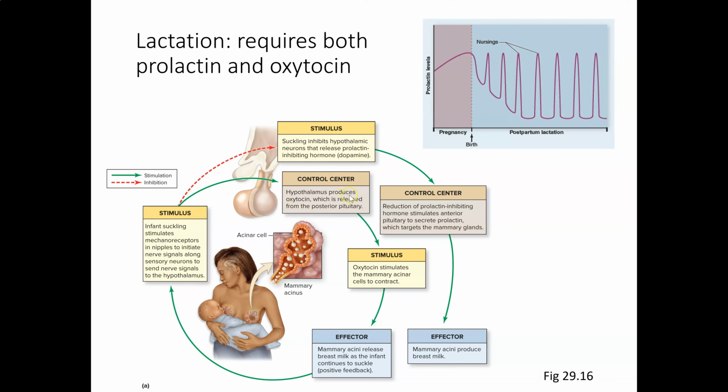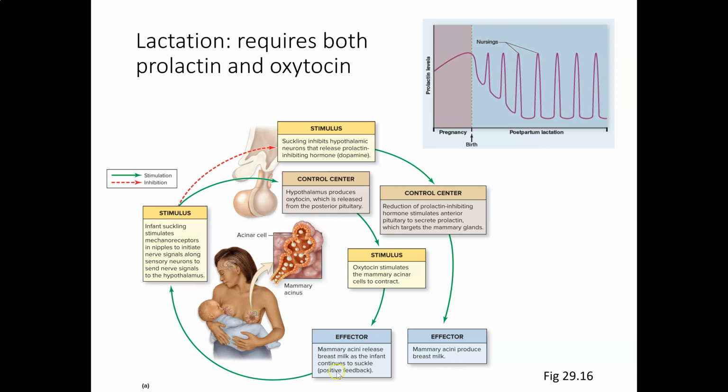That's the control center here, right? In response to that signal, the hypothalamus is going to produce oxytocin, and the oxytocin is going to work on the mammary gland, on the mammary acinar cells, to contract and then eject milk, right? So that's a positive feedback.